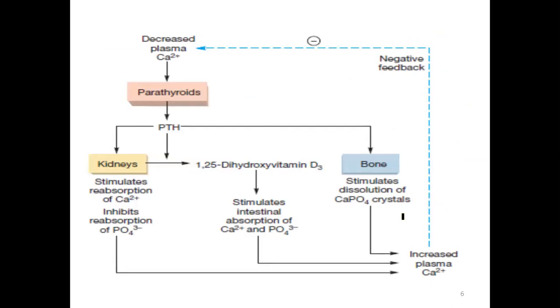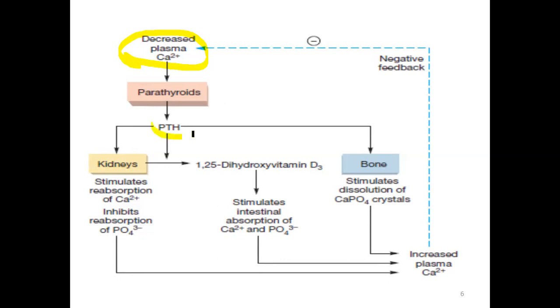So this is the summary of the parathyroid gland, especially in terms of regulation of calcium. You can see if the calcium level is low in the serum, what will happen? There is a calcium sensing receptor in the gland, which senses low calcium level in the serum. Then the signal will be activated.